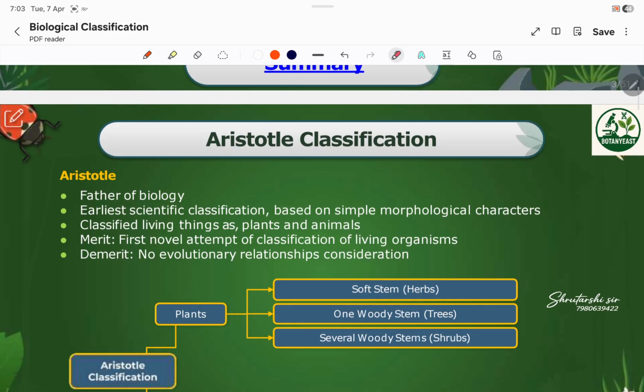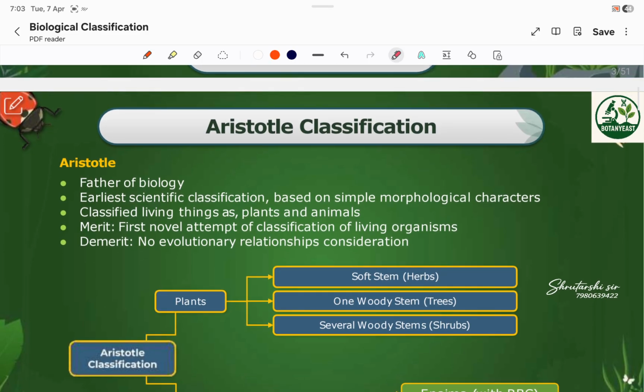so let's start discussing. Obviously, there are millions of organisms in the world, so it is very hard if we want to focus on a single species.